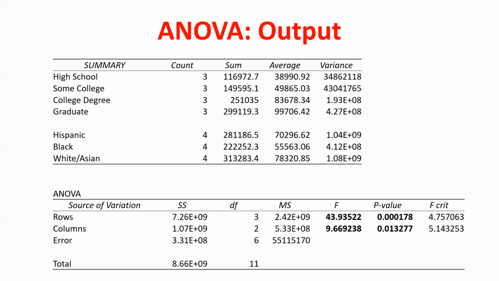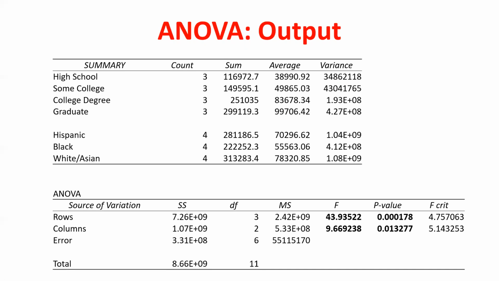My alpha would be 0.02, so my p-value would be less than that. So I can't say with 99% confidence that if I held constant someone's education level, there would be variation across races. But with 98%, I could say, yeah, there are differences in income across racial groups, even if I hold constant their education level, which seems problematic, right? It seems like maybe I should explore this further, okay?